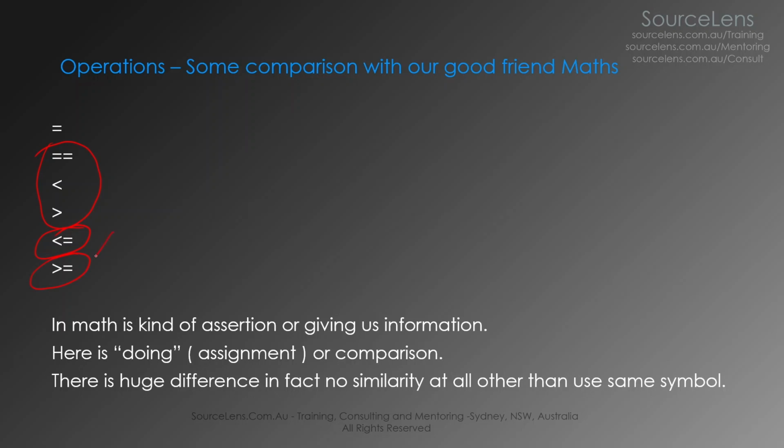So this will return true if they are equal as well. For example, this operator will return true if A equal to 10, B equal to 10, and A less than or equal to B. So this will return true, the Boolean true. You can check that in the program if you want, play with it, use both of these operators.